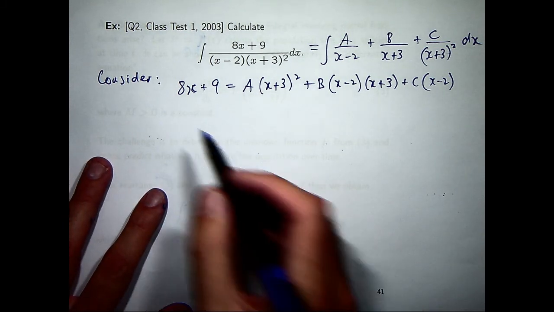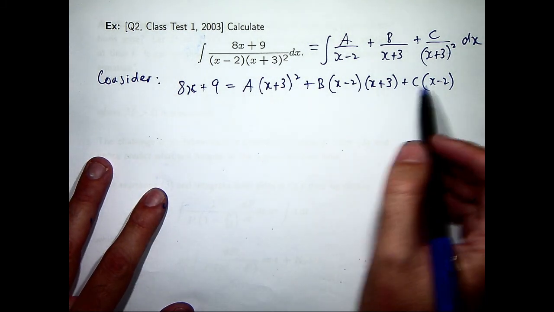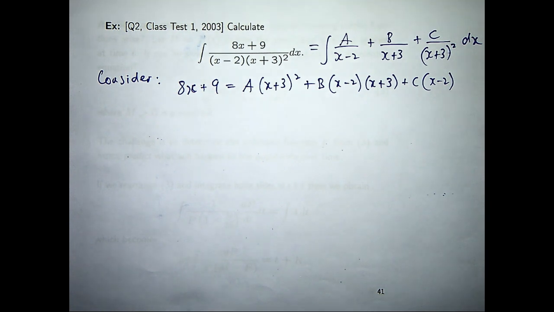If I substitute in, say, x equals minus 3 into that bottom line, I'm going to get a lot of cancellation, so I can find c straight away.